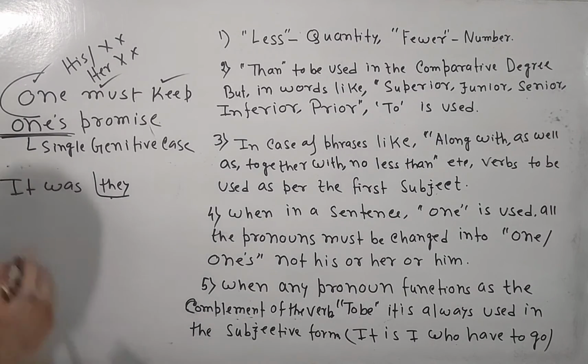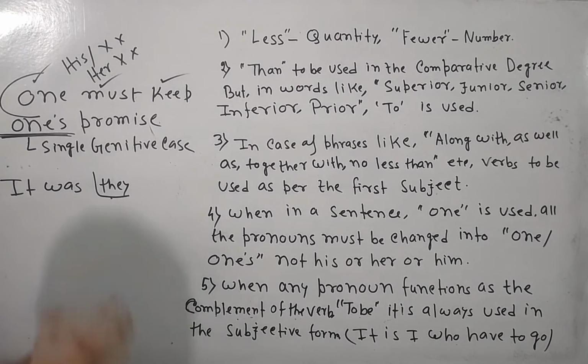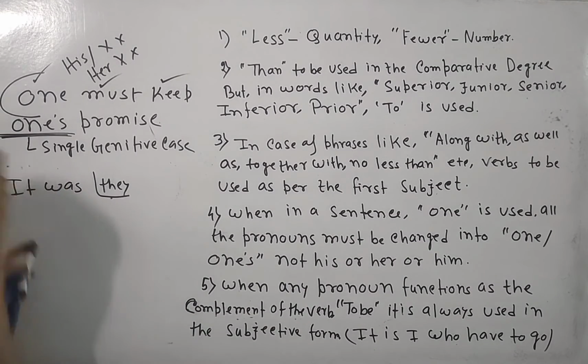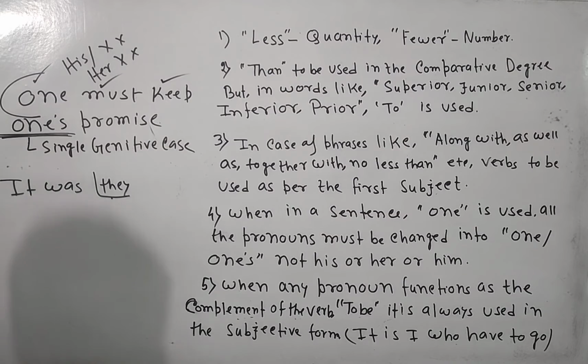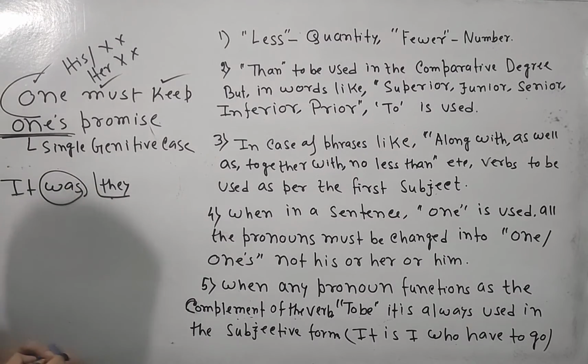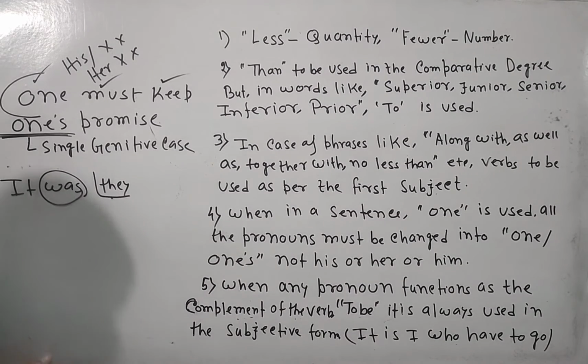If I just write it was, the sentence does not have any meaning, but whenever we write it was they, there is some meaning. That's why it is called the complement, and the complement must be related to the be verb. So here the verb is to be, was is called the to be verb. So automatically they is functioning here as the complement.